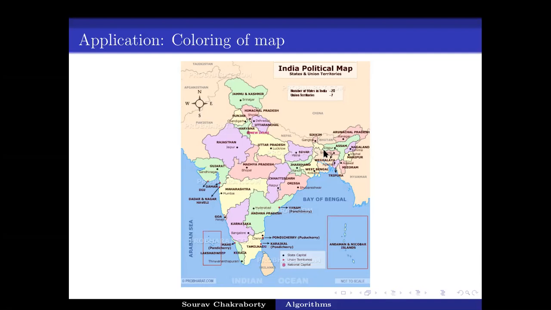Adjacent places cannot be colored with the same color, and this turns out to be a planar graph problem. And there is a famous theorem called the 4-color theorem that states that every planar graph can be colored with 4 colors.